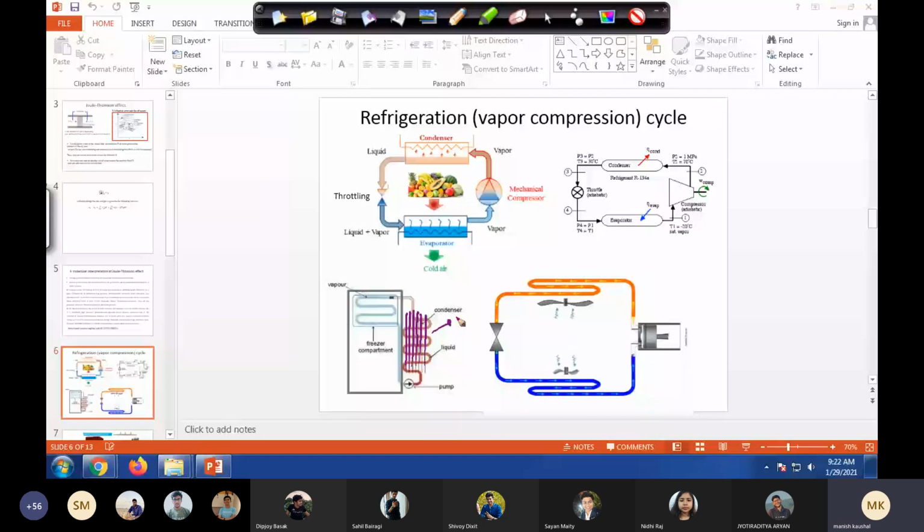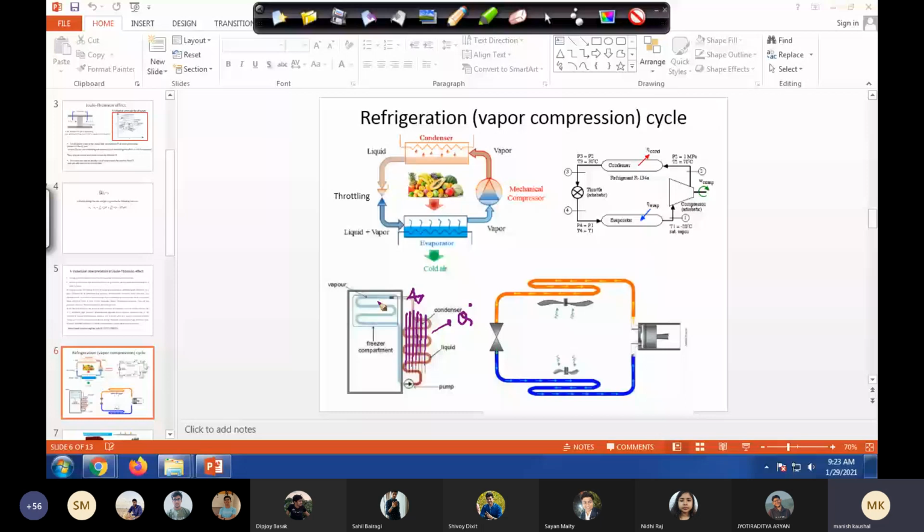Then it should enter through a throttler. They have skipped the throttler in this diagram. Here there should be some throttler. After the condenser there should be a throttler. That's how we show a throttler. So then it passes through the throttler. Once this mixture gets throttled, it cools down, and then it will go through this.